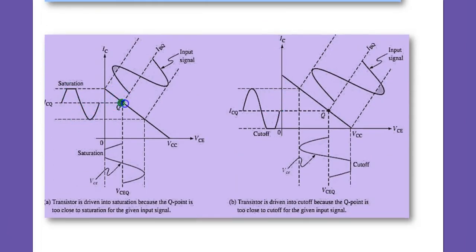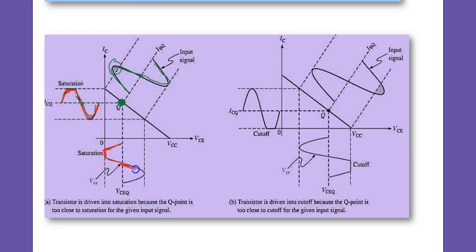So looking at this figure here, the Q point is not at the center, it is somewhat higher. So the input signal is swinging. This is a part of the signal which now goes to saturate, it is cut, and there is no reproduction of this part because the collector current becomes saturated for this part. For the rest of the input signal there is collector current, and here the collector emitter voltage is the same way, some part is cut.